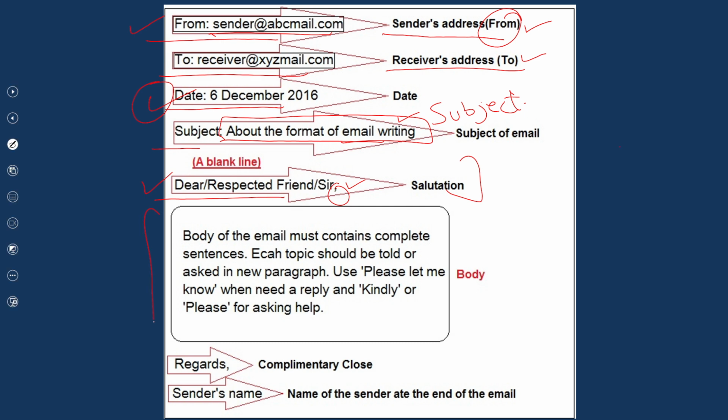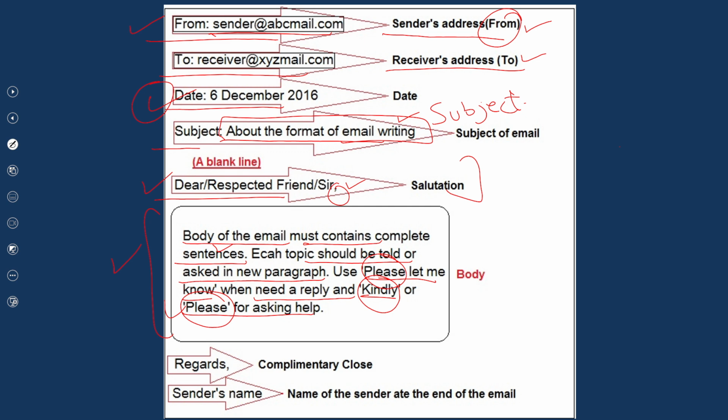Then comes the body, where the body of the email must contain complete sentences. Each topic should be told or asked in a new paragraph. Use please let me know when you need a reply, and kindly. So we have to be polite. These are the words that show that we are respectful and polite towards the receiver.